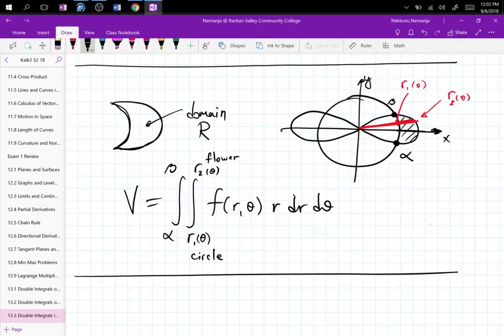You have e to the r squared and you have r from the polar. It becomes a joke. It's impossible to integrate in rectangular coordinates, and it's a joke of a basic u-sub in polar coordinates. So let's do problem 29 because it looks so bad, but it's actually so easy.